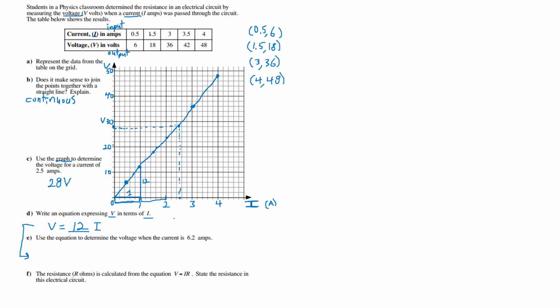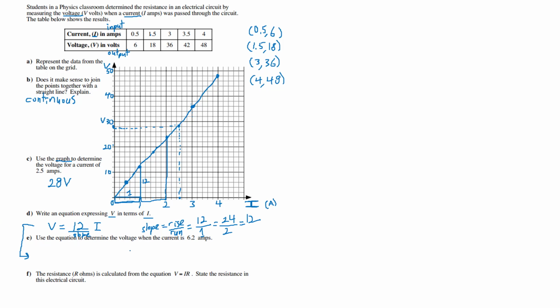Another way I could look at that is, this is my slope, and my slope is equal to rise over run, which is 12 over 1, which is 12. We could also do the same thing with a longer stretch here. If this is 24 here, and a change of 2, that would be 24 volts over 2 amps, which would give me, again, 12.